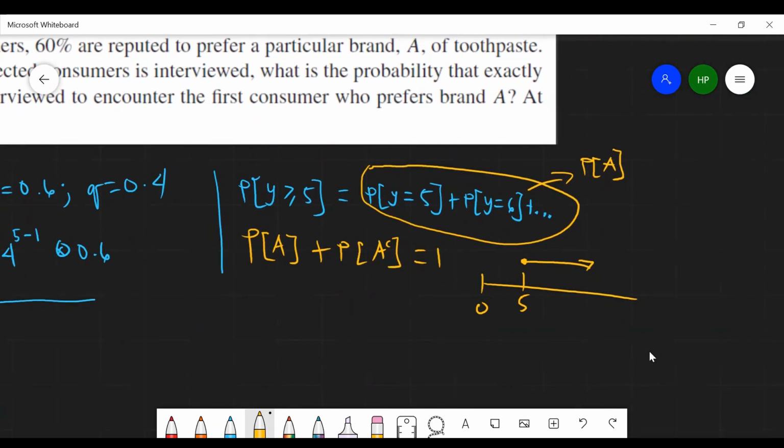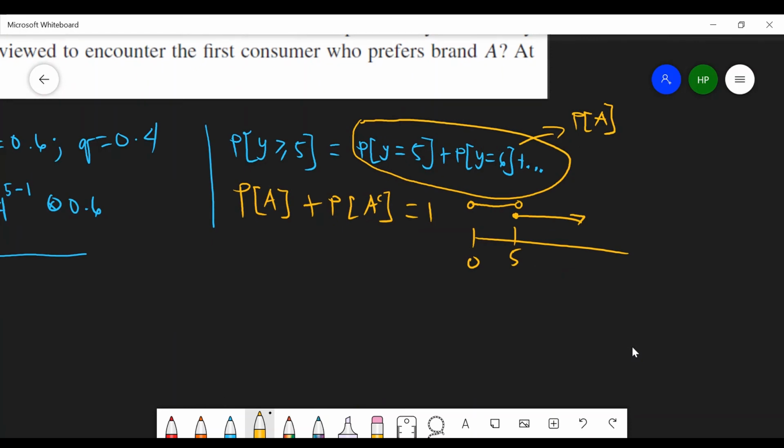Ibig sabihin, ito ang isosolve natin na complement. Hindi kasama si 0, hindi rin kasama si 5. Ibig sabihin, solve natin si 1 to 4. Correct? Ibig sabihin, probability of Y greater than or equal to 5 is just equal to 1 minus probability of Y less than 5.